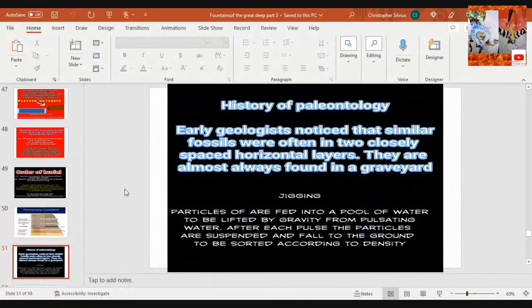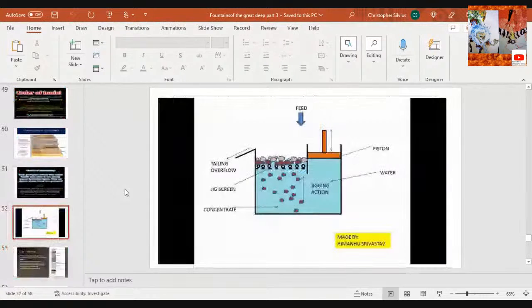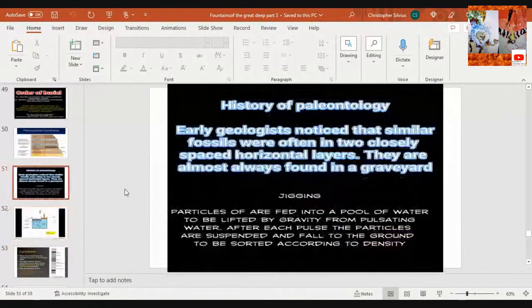History of paleontology tells us early geologists noticed that similar fossils were often in two closely spaced horizontal layers. They're almost always found in a graveyard, and that's been the observation ever since. That when you find fossils, they're always in a mass graveyard. So, the question of why they're in that order can be explained.